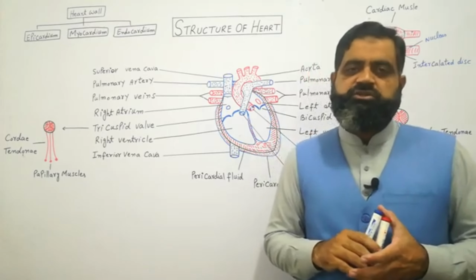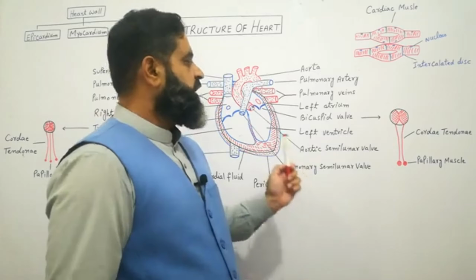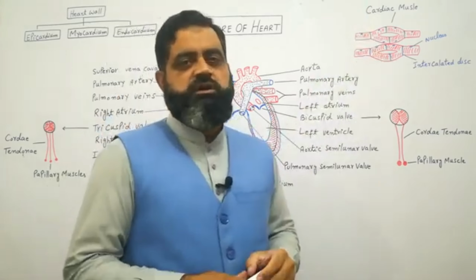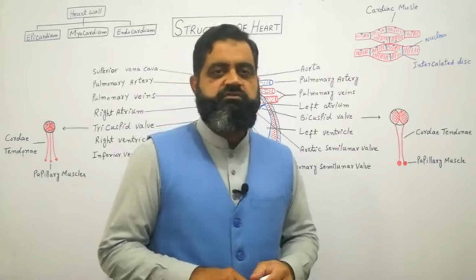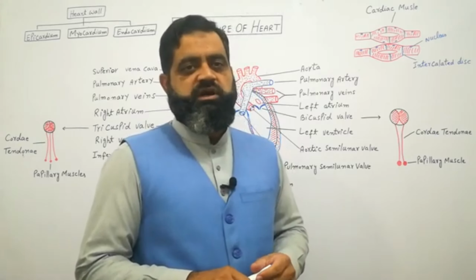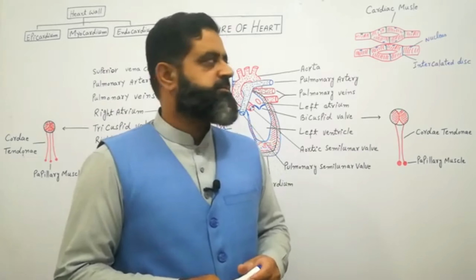If we look at the structure and cross section of myocardium, it contains cardiac muscles. Cardiac muscles are specialized muscles which are involuntary and are made up of specialized cardiac cells which contain actin and myosin proteins.